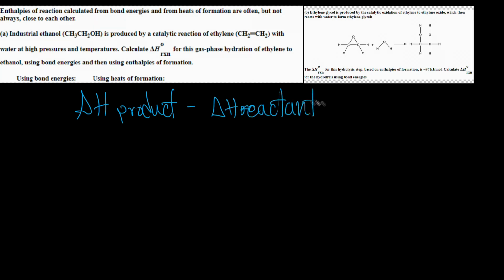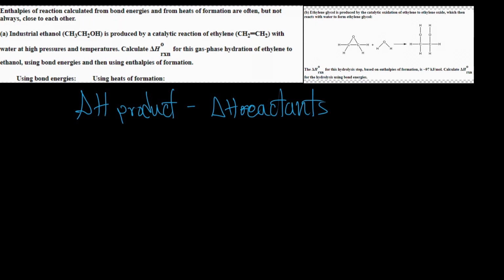Now to calculate it using heats of formation, we're going to do delta H of the products minus the delta H of the reactants, the same formula that we had beforehand.